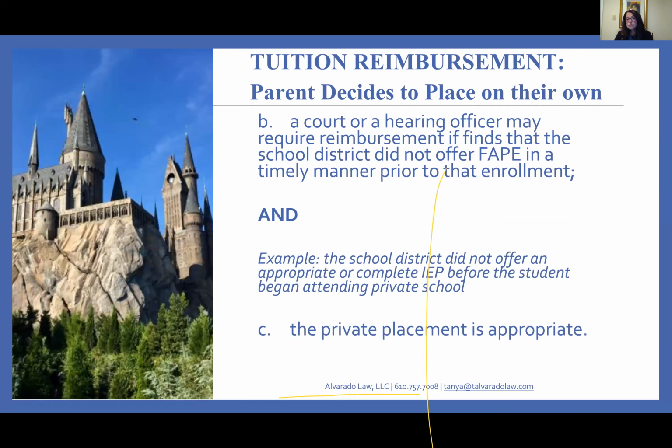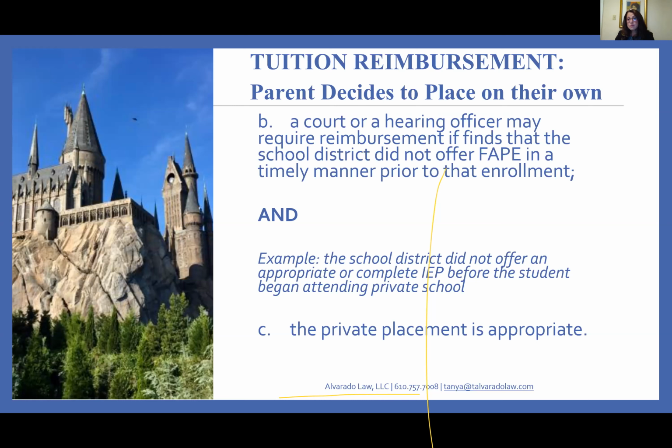A hearing officer or a court requires tuition reimbursement because the school district did not give your child a free appropriate public education, FAPE. So the school district's program was not appropriate, and so these three things have to occur, and the private placement is appropriate.